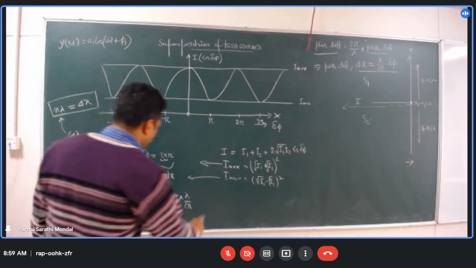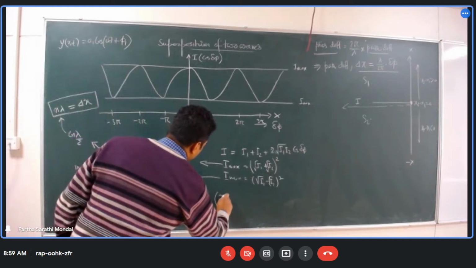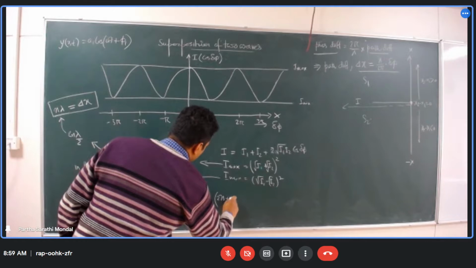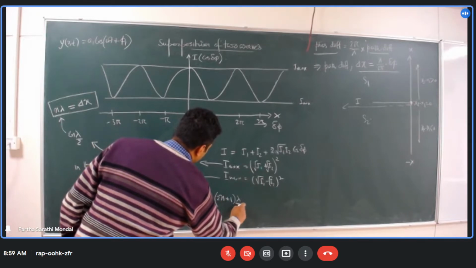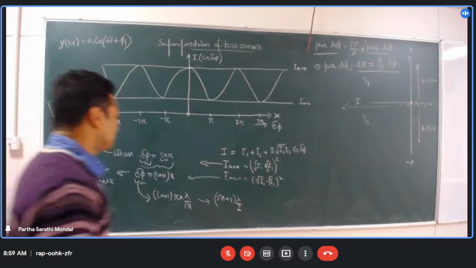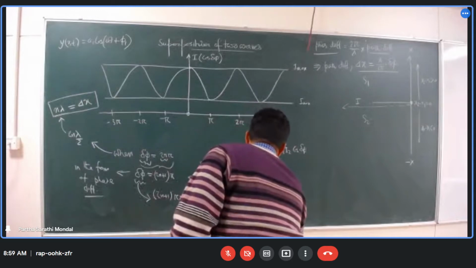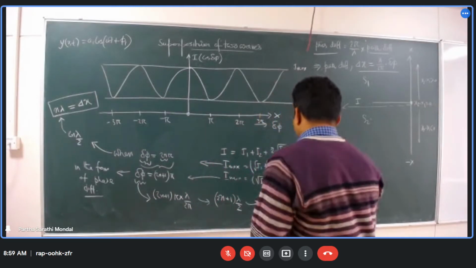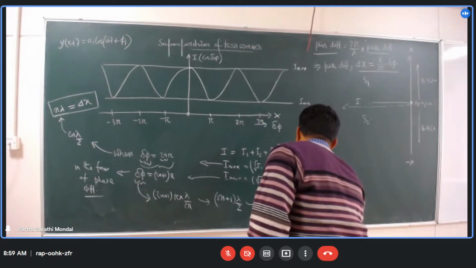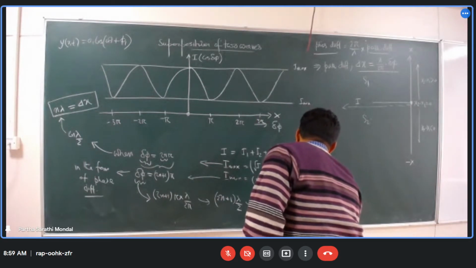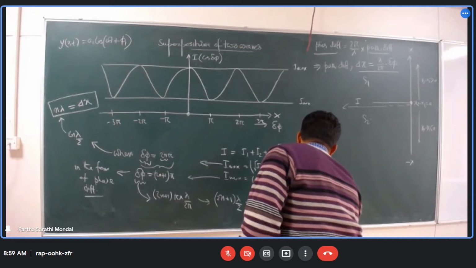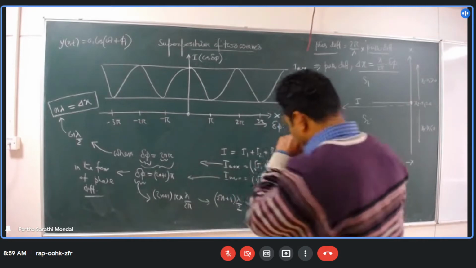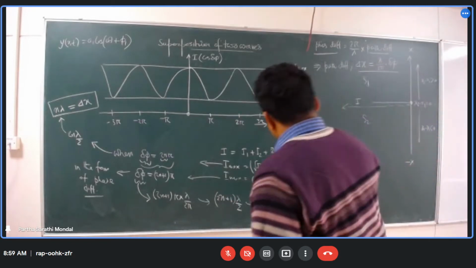So if you do so, you will get (2n plus 1) into lambda by 2. इसका मतलब है delta x equals, n plus half, into lambda.